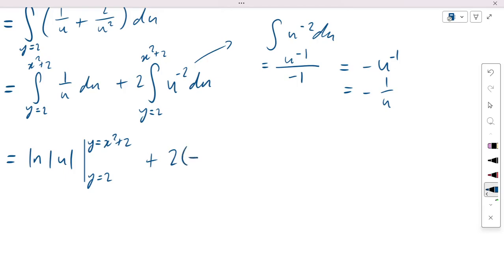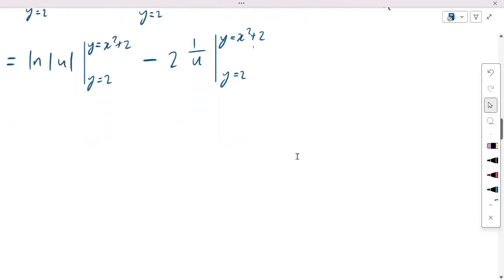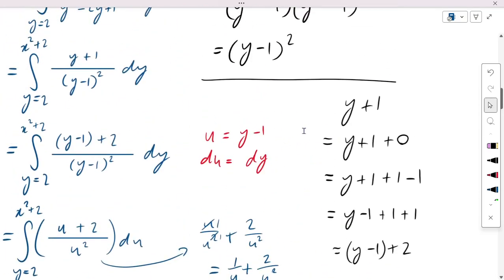So we're going to have multiplied by negative 1 over u, but if we multiply this into the 2, we can see that the negative goes with the positive. So it's actually just going to be minus 2 into 1 over u. And this is going to be evaluated, remember it's still evaluated, from y equals 2 and y equals x squared plus 2. Now, because we have a y being evaluated in, we have a u, and that's the problem. But we remember that u is equal to y minus 1.